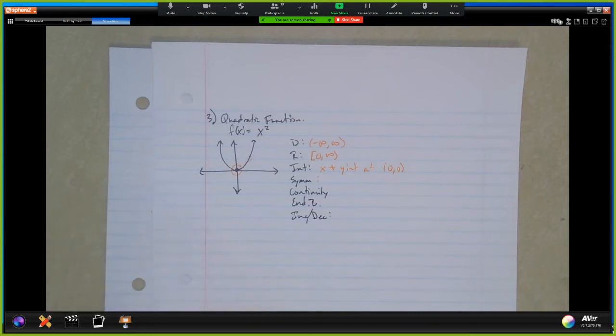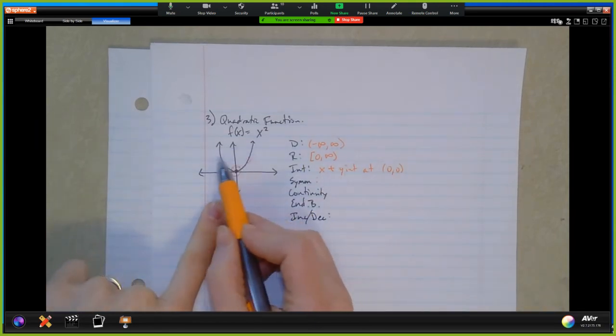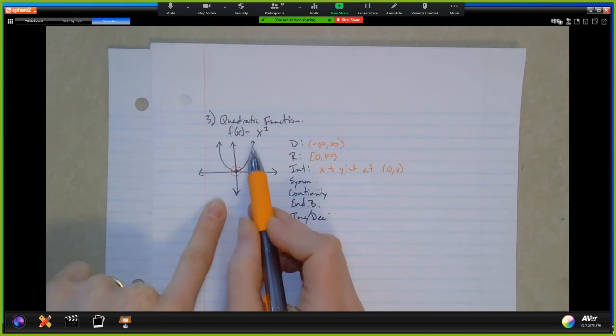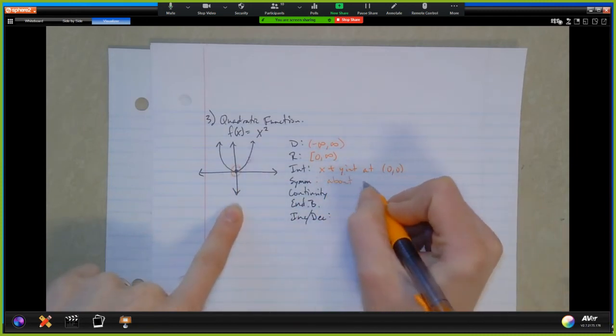What are your guys' thoughts? So yes, this is symmetric about the y-axis because if we were to flip it across the y-axis, it would get the same exact graph. So symmetric about the y-axis.